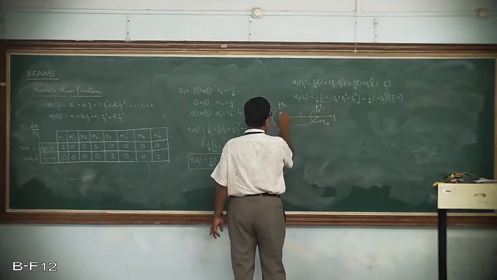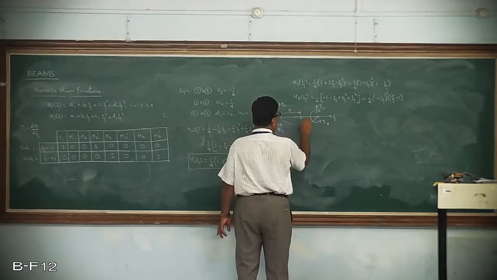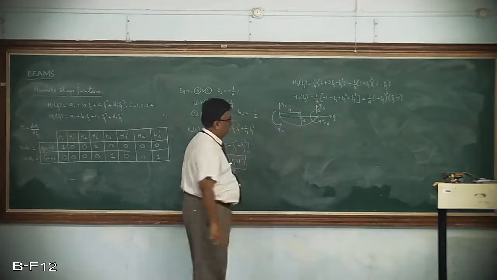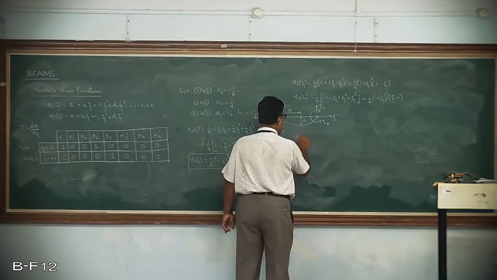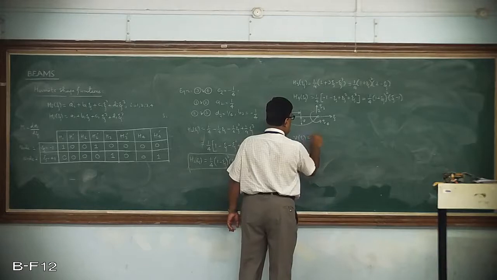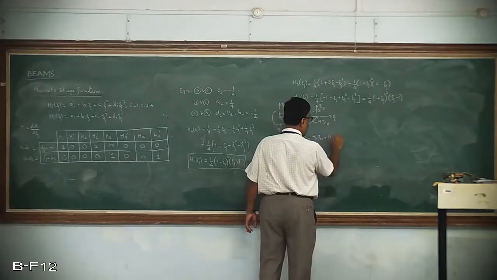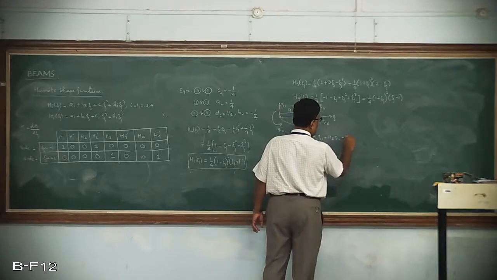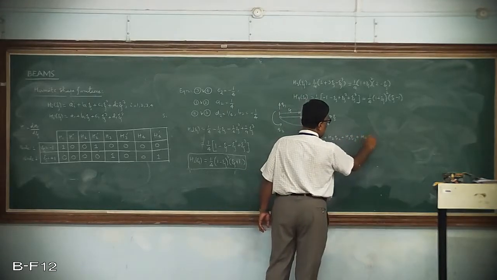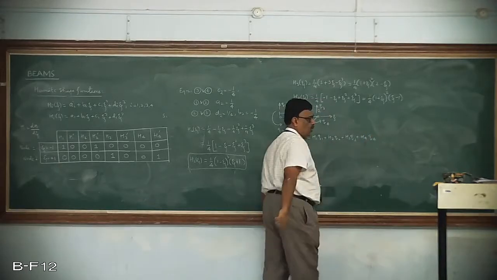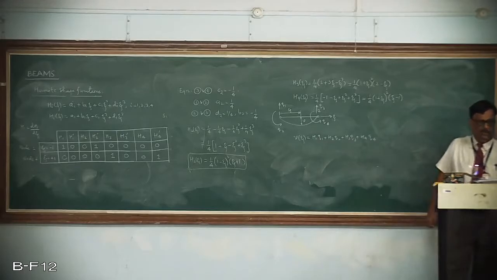Suppose if I want, for a value of zeta, what is my deflection V in terms of this? Then I can write that V at a given zeta is given by H1 Q1 plus H2 Q2 plus H3 Q3 plus H4 Q4. This is what you can find out from these displacements.